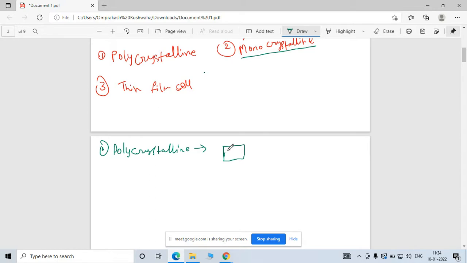I will also explain the working of this PV cell. First of all, see here, in polycrystalline a number of cells are connected in a module, in rectangular shape.